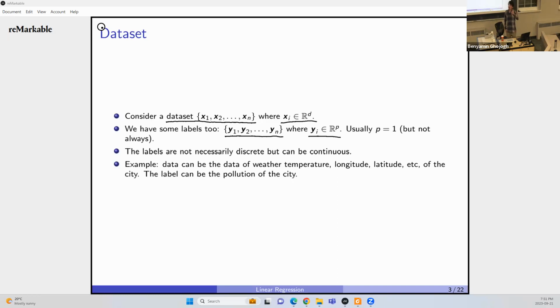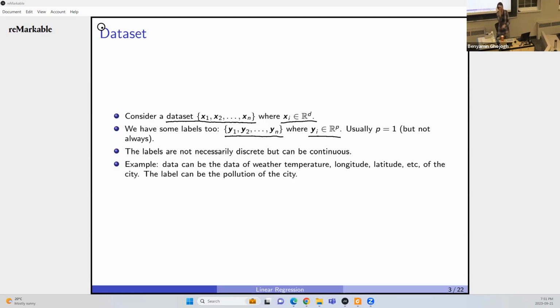So my x's are the vectors of the pollution, the longitude, latitude, and these things. These are the features of x. The labels y are the temperature and humidity. So here, my labels are two-dimensional. I can have more. So based on several inputs, I can predict several outputs, right?